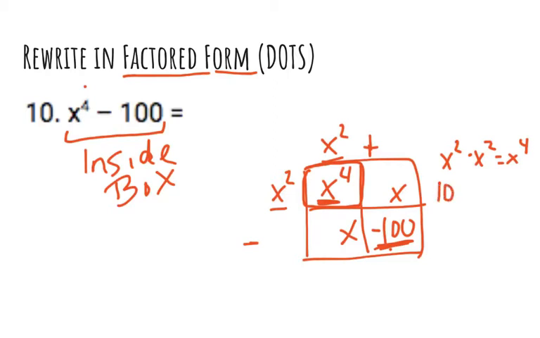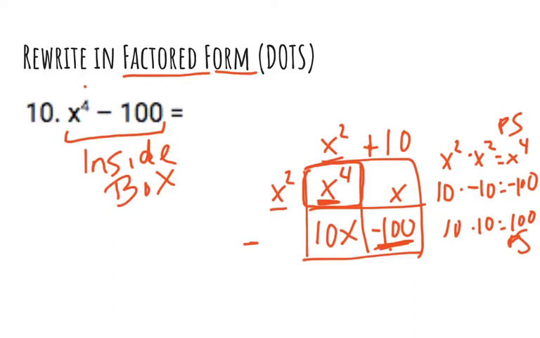You should get 10 times negative 10. The negative part is not the perfect square part. It's really 10 times 10. So the 100 is the perfect square, and the x to the fourth is the perfect square.